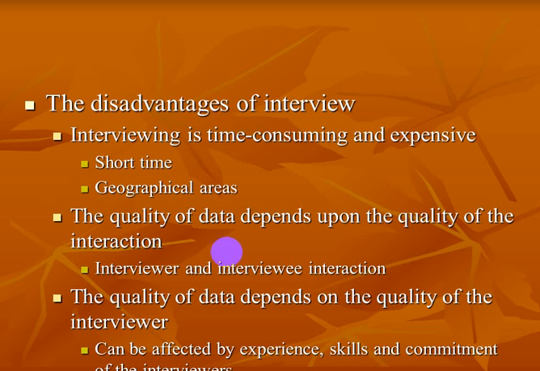The quality of data depends on how well you prepare the questions and how good the interaction is. So this is very important for the interviewer. You have to observe, okay? You have to observe and have your own skill in asking, interviewing, or interacting with the respondents.